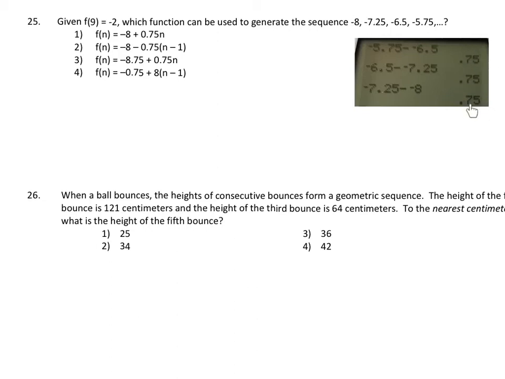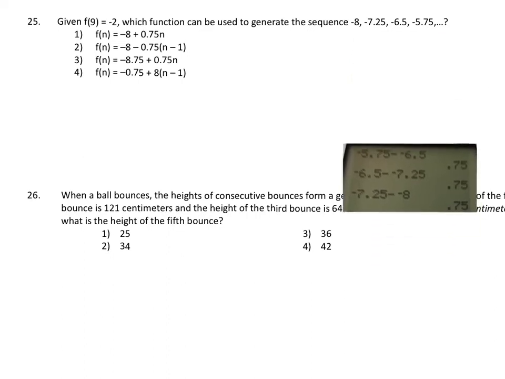So since I'm consistently getting 0.75, if I were to work forward, I would be adding 0.75 to get from one term to the next. What this is telling me is that the sequence is arithmetic, and my common difference is positive 0.75.